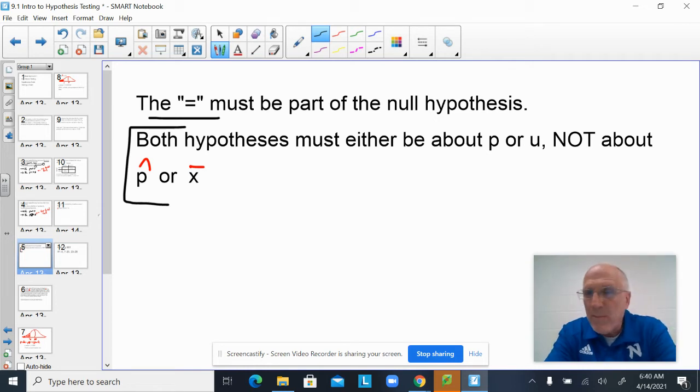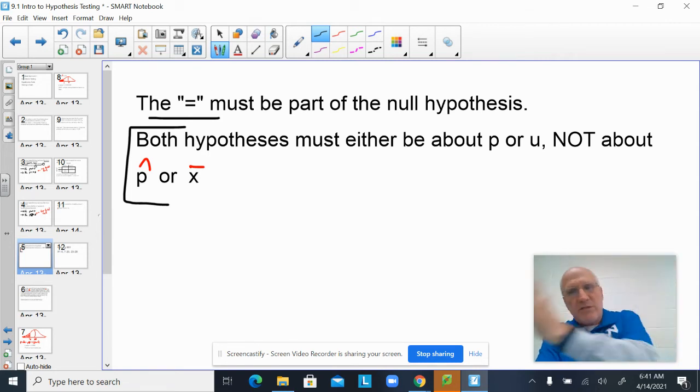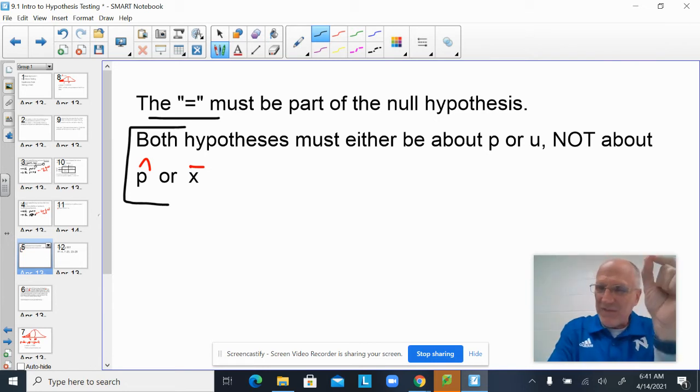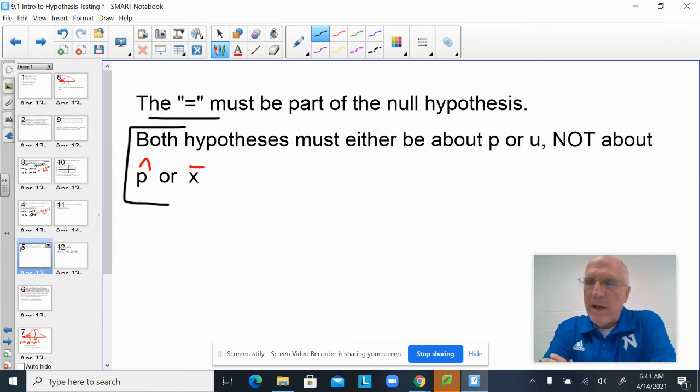You're never making a hypothesis about a sample proportion P hat or a sample mean X bar. We'll be taking a sample proportion and using that to conclude something, and we'll get to that. But the hypotheses themselves must be about the population parameter, either the population proportion P or the population mean mu.